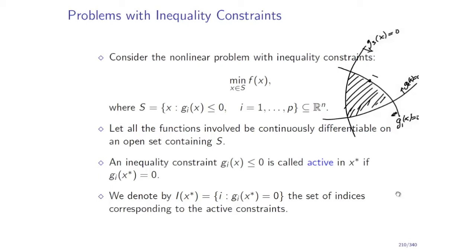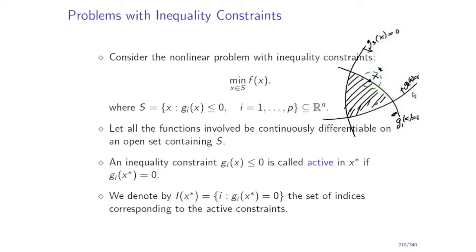If I take some point x star right here, when we discuss local optimality properties for this point, we actually need to focus only on the constraints that are active at this point. There's just one constraint, g1 of x less than or equal to 0. Two other constraints are not active here, and when we are talking about local optimality properties, we are focusing on some small neighborhood of this point.